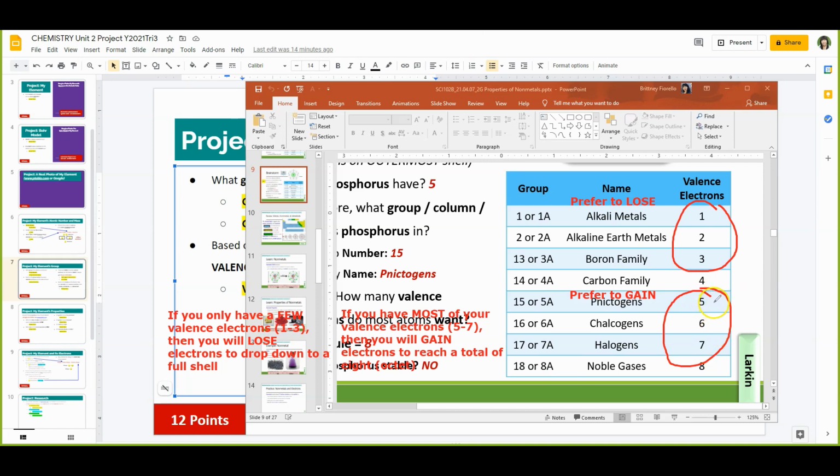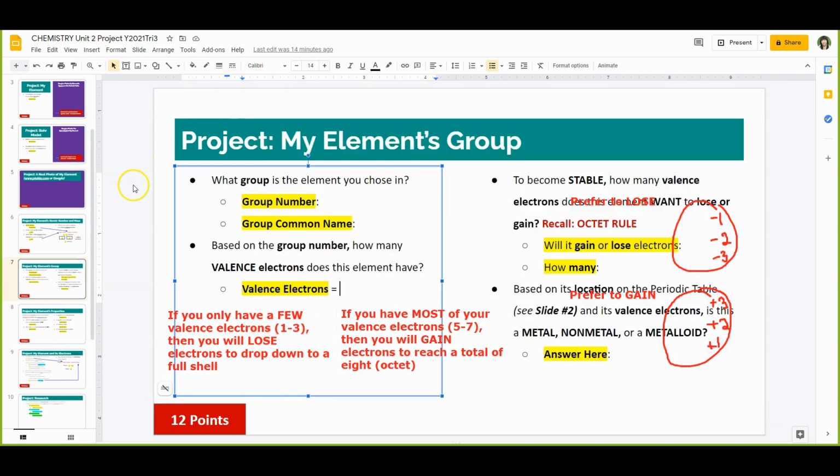So if you have 5, you're going to want 3 more, right? So these ones you just lose however many you have, -1, -2, -3. Chalcogens will need 2 more to get to 8, and the halogens will need 1 more to get to 8. Okay, so that should help you out with this question then.